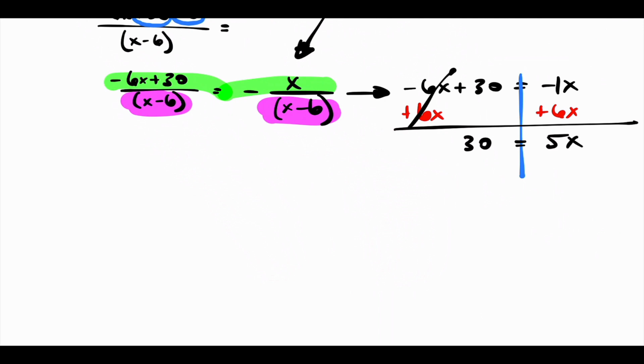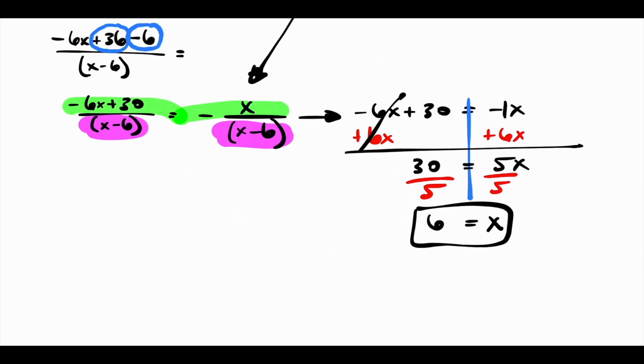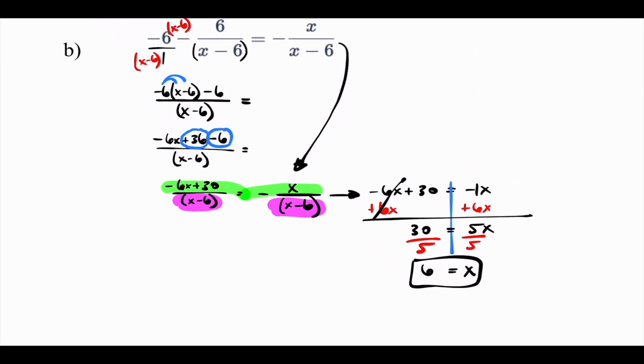So you're going to get positive 5x. You get one answer, positive 6. Okay. Now, is that a valid answer, or is it going to be nope? It's extraneous, right?